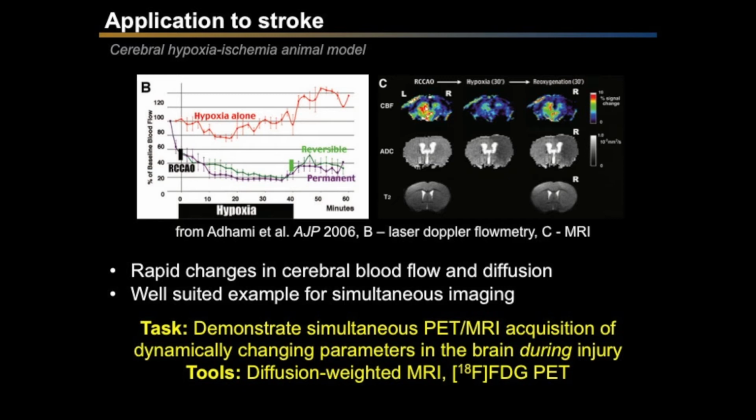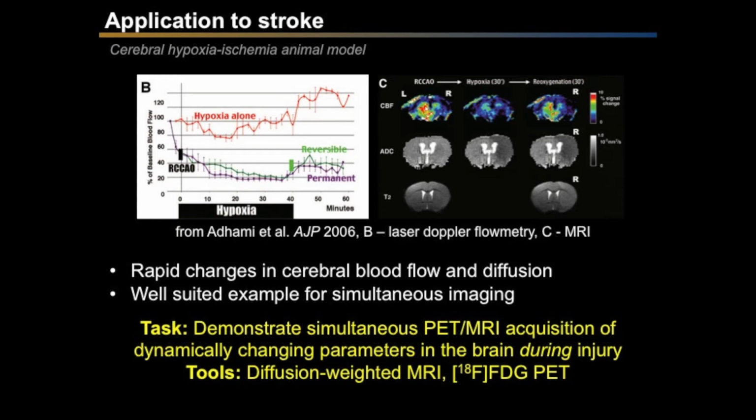So in this example, they showed with laser Doppler flowmetry that there are changes in the cerebral blood flow immediately, and they also showed in a separate group of animals using MRI changes in the diffusion and also cerebral blood flow before, during, and after the hypoxic challenge. So this is a really good example of where you might be able to apply simultaneous PET MRI imaging.